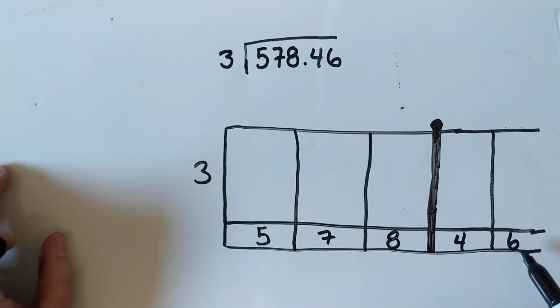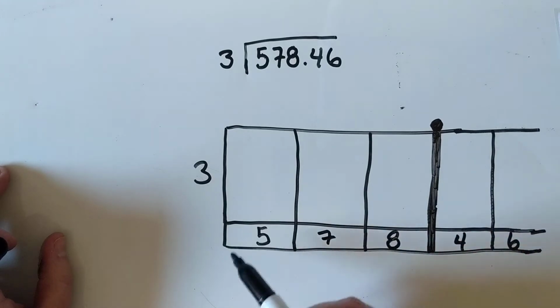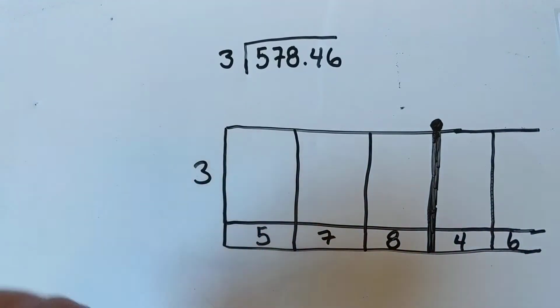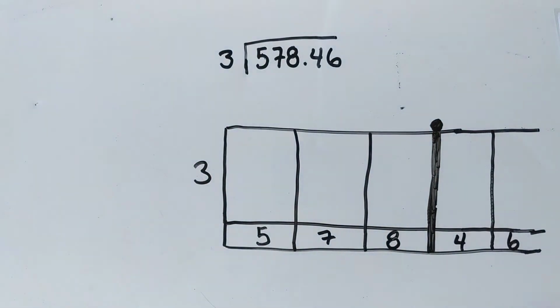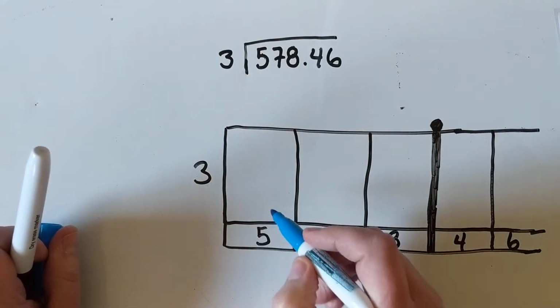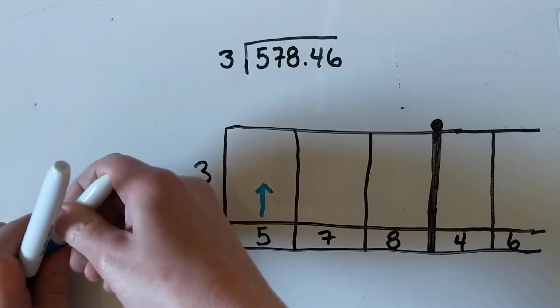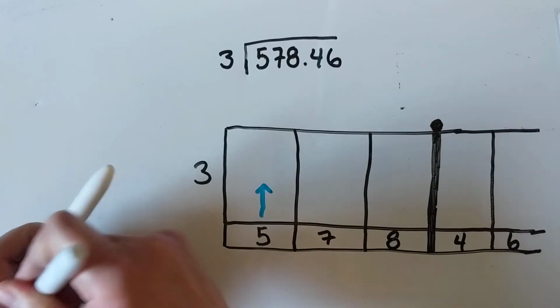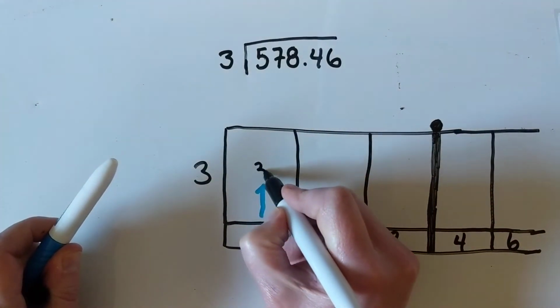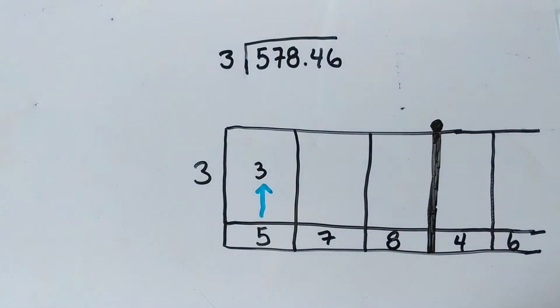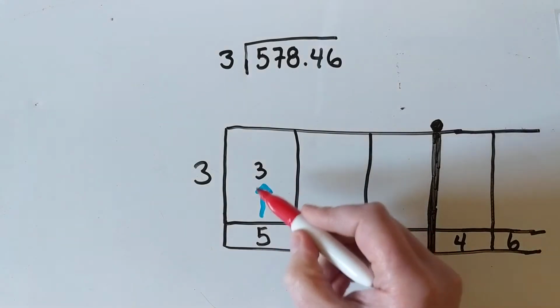All right, so now I'm going to go ahead and try to group each section into groups of 3. So the first one, and my grouping arrow that you'll see on the slide will be in blue, and you're going to use that and say, okay, from 5 I can pull 3, but then I'm going to have 2 that I have not used.